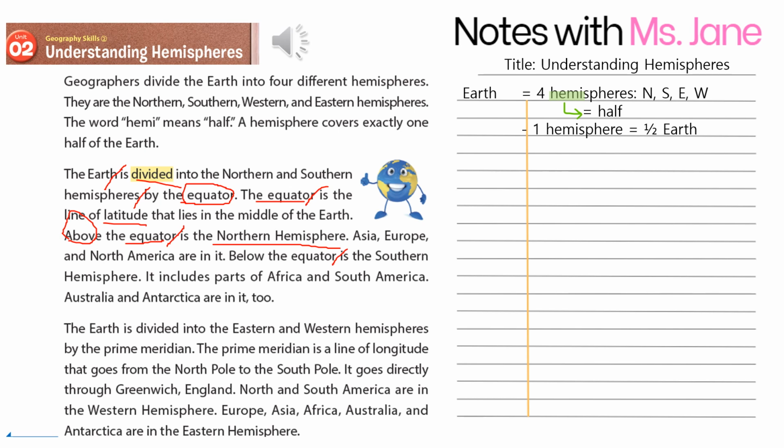It includes parts of Africa, South America, Australia, and Antarctica are in it too. So, southern hemisphere 남반구에는 아프리카, parts of Africa, right? And South America, Australia, Antarctica, 남극까지도 포함이 되어 있대요.